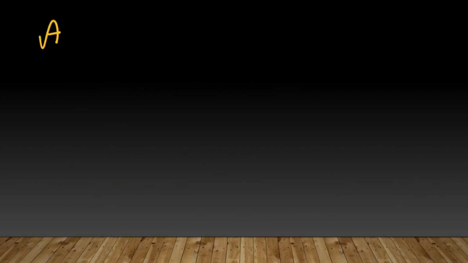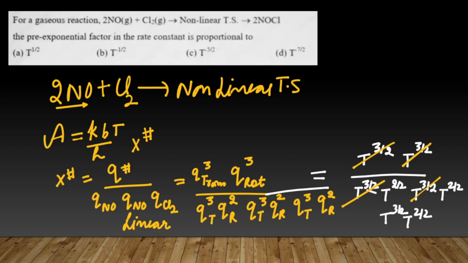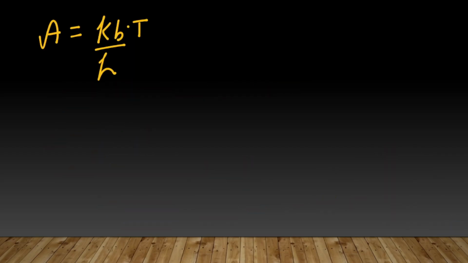So now we have to find the A value. Here there is one more T, so that has to be included. So in the denominator we have 1, 2 and 3, so 3 plus 3 by 2, so 6 plus 3 is 9 by 2 in the denominator. We have T raised to the power of 9 by 2.